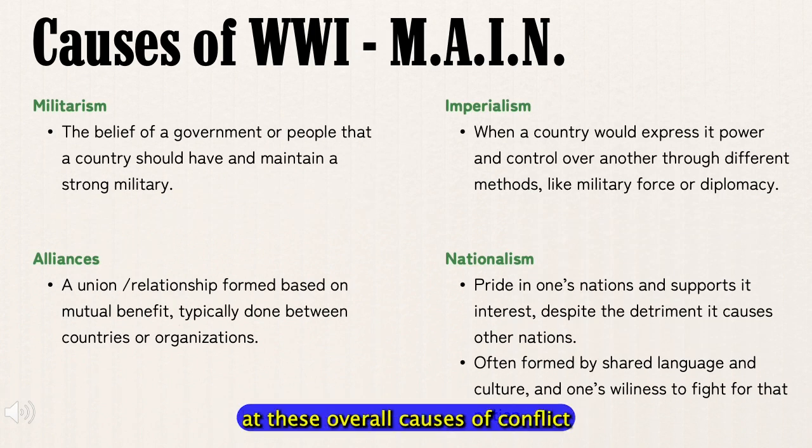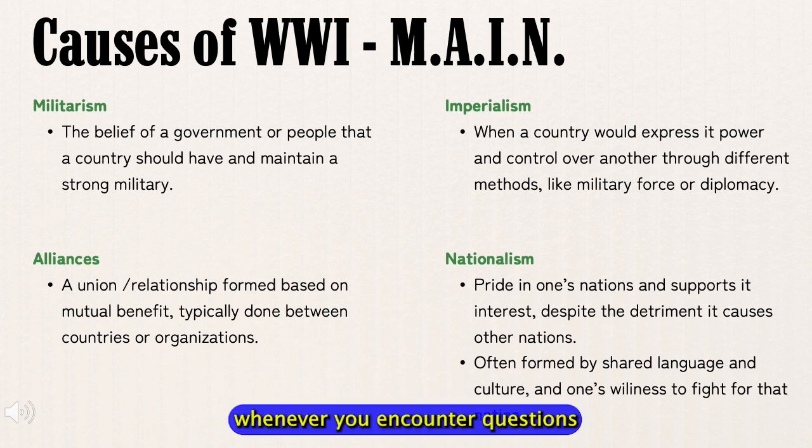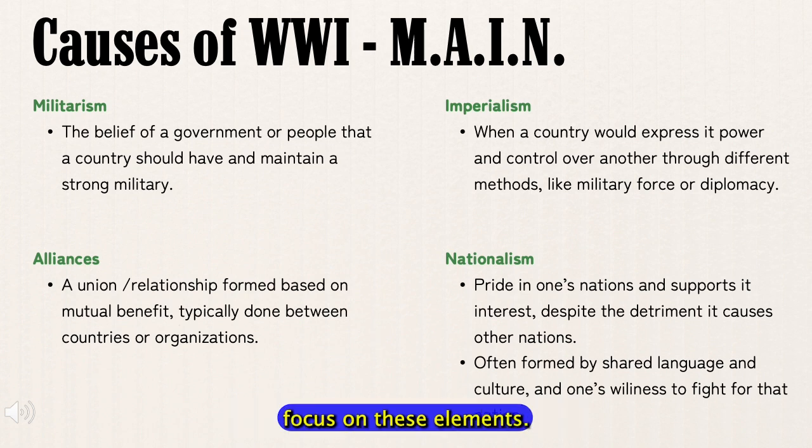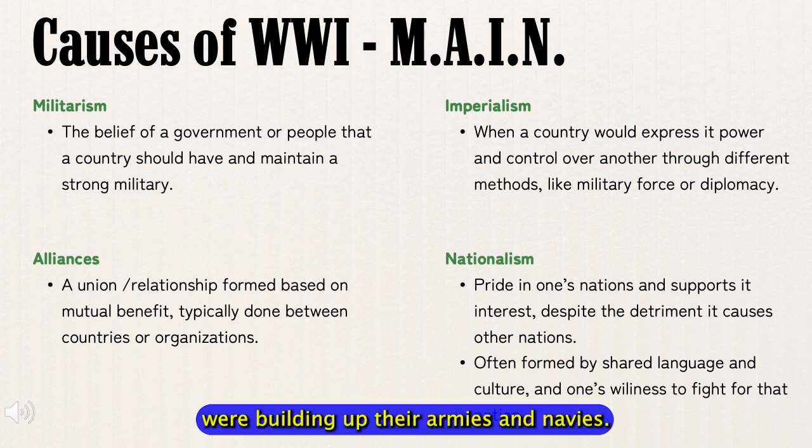Let's look a little deeper at these overall causes of conflict during World War I by using the acronym MAIN. Whenever you encounter questions about the causes of World War I, focus on these elements. Militarism. Militarism is the belief that a country should have and maintain a strong military. Before World War I, many countries in Europe were building up their armies and navies.